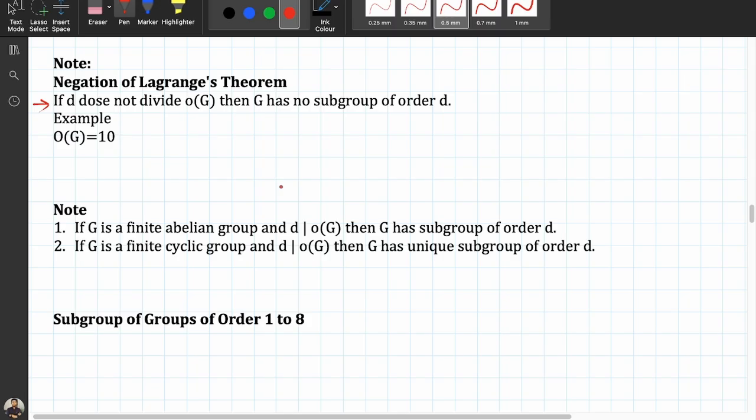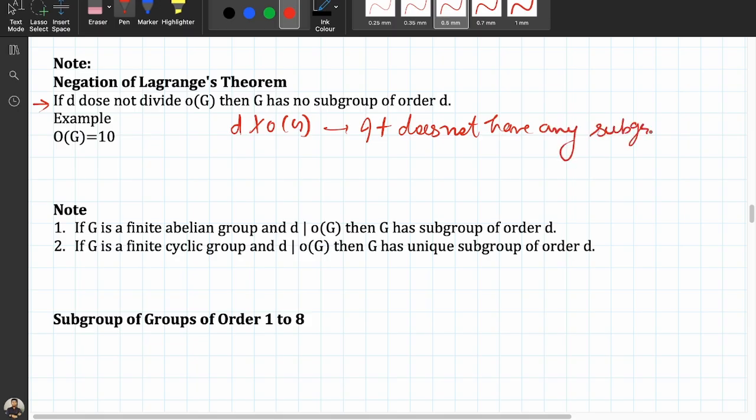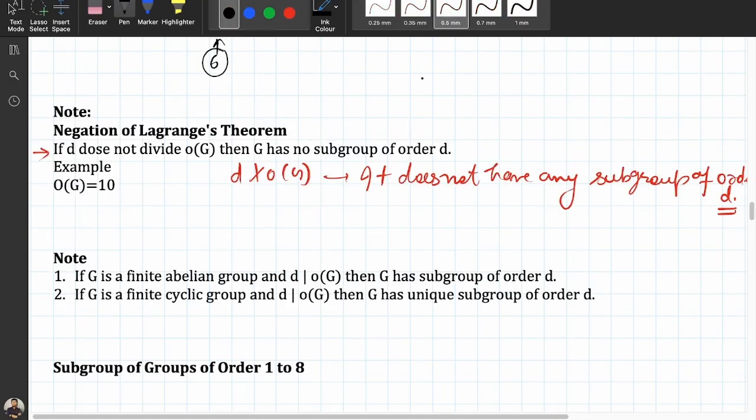So the negation: now my question is, if D does not divide the order of the group, what will happen? Then of course it does not have any subgroup of order D. First, what is Lagrange's theorem?